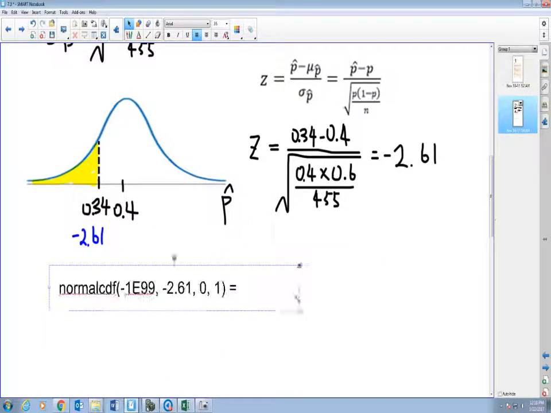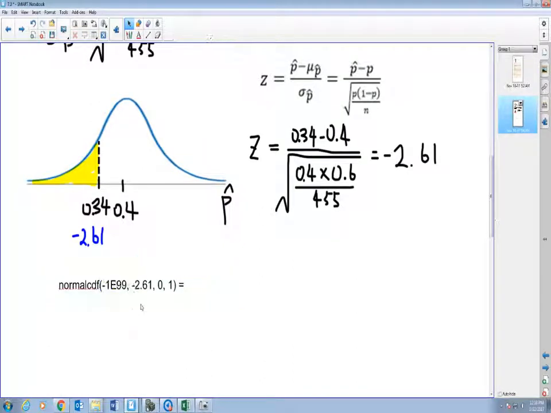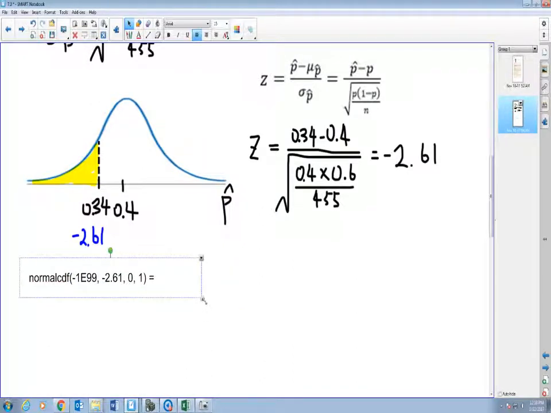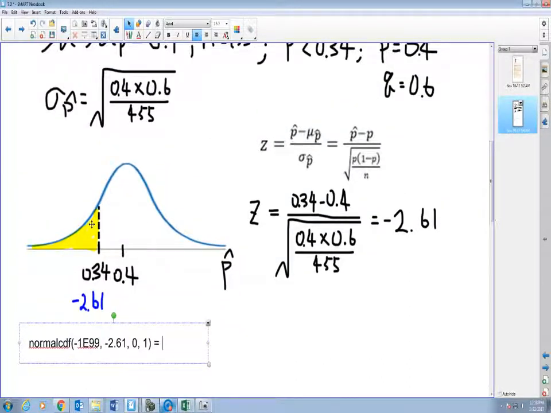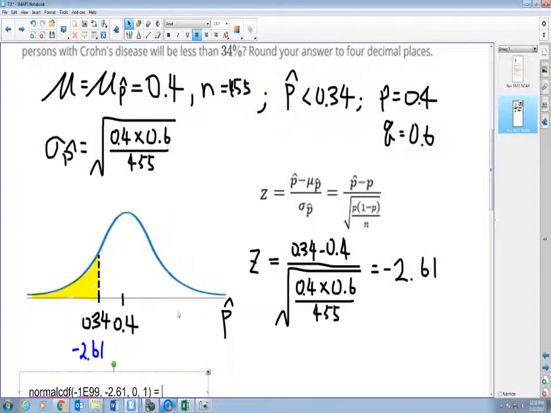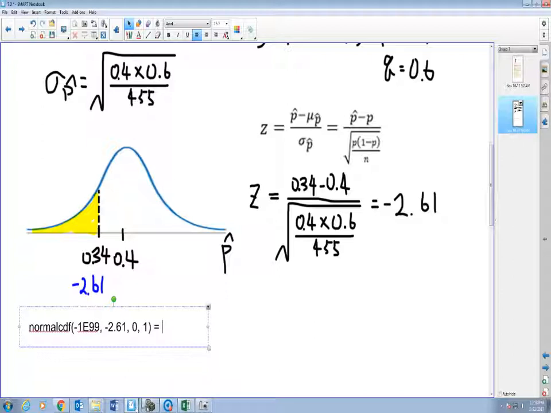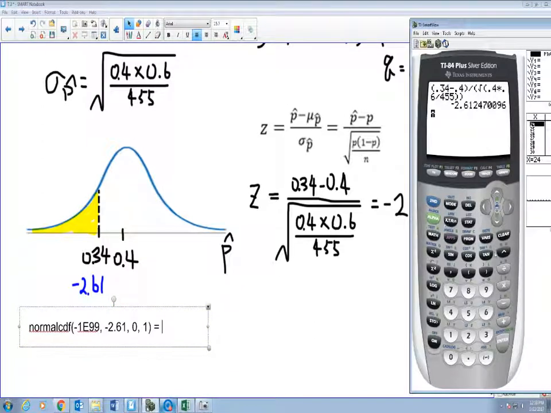So let's see what this area is. What's the chance for the one I sample? The probability for them to have Crohn's disease: less than 34% of people will have Crohn's disease.